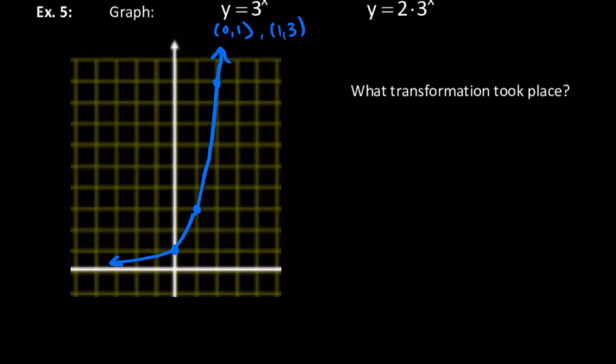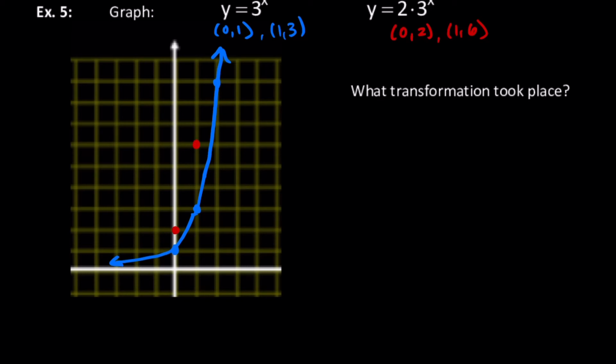All right, well, what happens if I take 2 times 3 to the x? Well, what we are doing is we are taking our output, our y, and we're multiplying those by 2. So instead of 0, 1, it's 0, 2. Instead of 1, 3, it's 1, 6. Okay, so 0, 2, 1, 6.